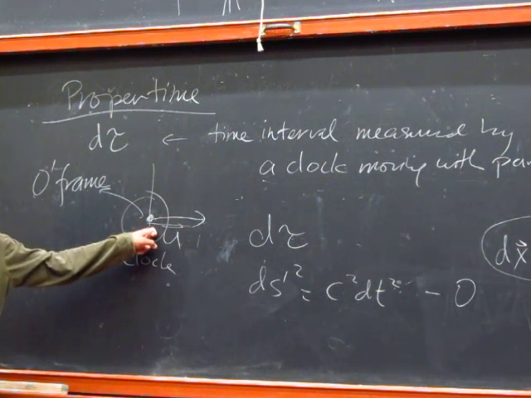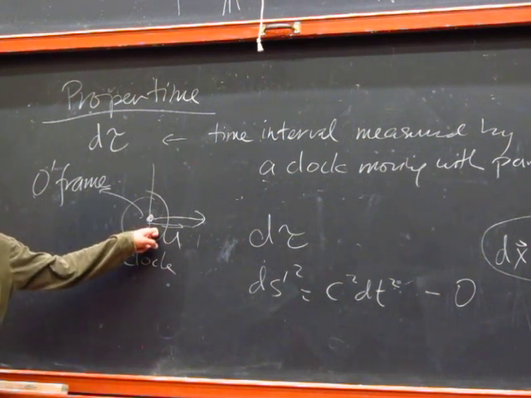See what I'm saying? So delta x prime is 0, delta y prime is 0, delta z prime is 0.